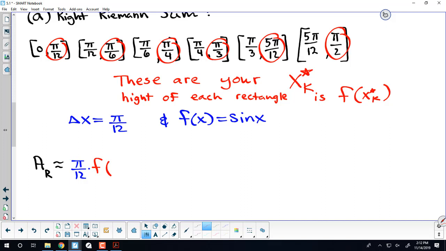Pi over 12 was our first endpoint. So that's the pi over 12 times f evaluated at pi over 6. That's the length of the rectangle times the height of the first rectangle.